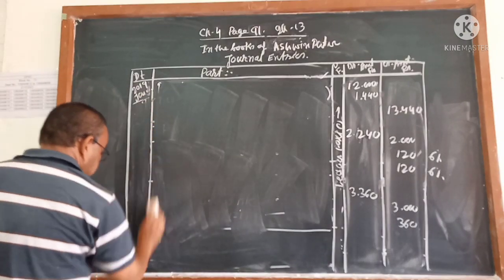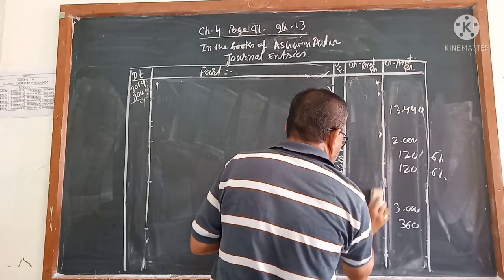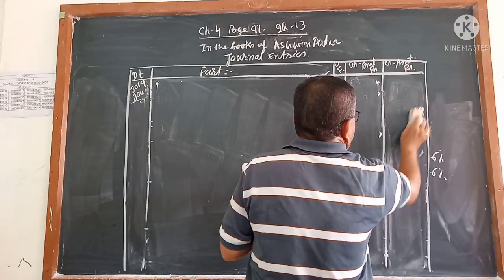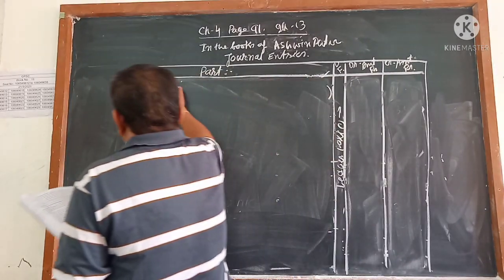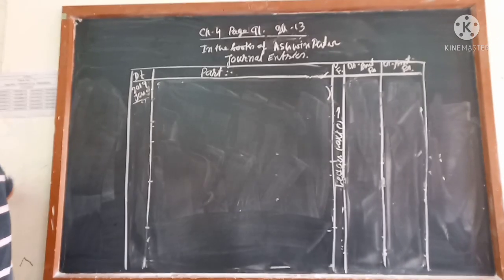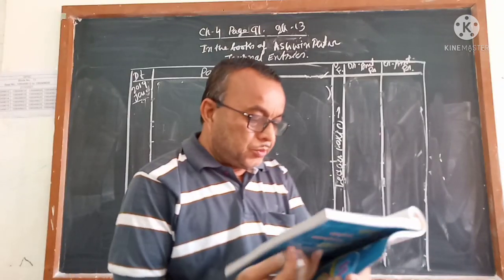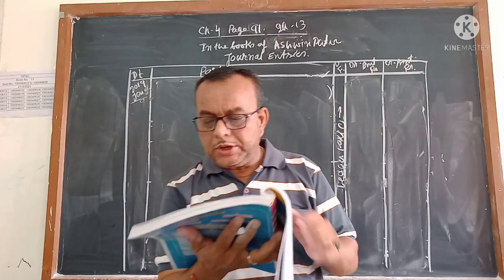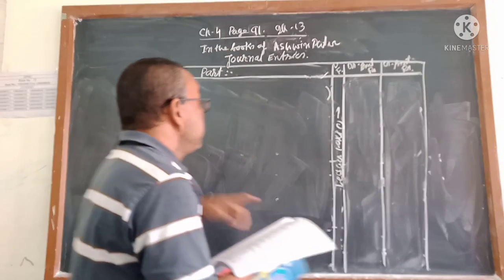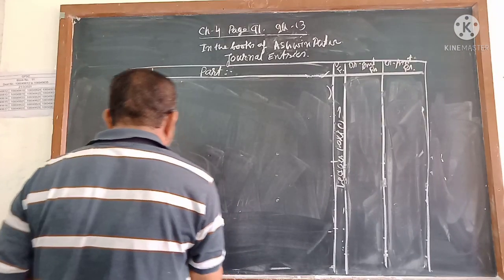Sales transactions. Goods of rupees 15,000 sold to Keval Bhai and payment is received by check. Payment is received by check. The sold sales transactions, you have received a check.